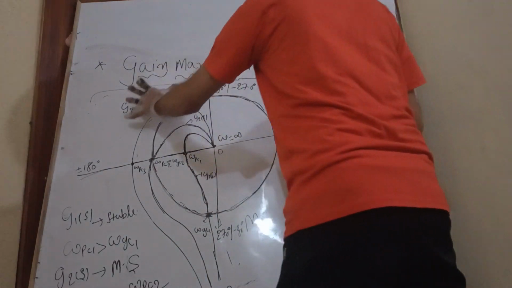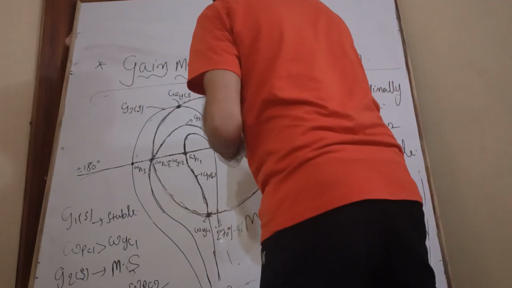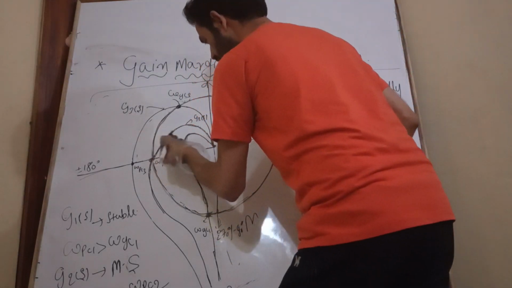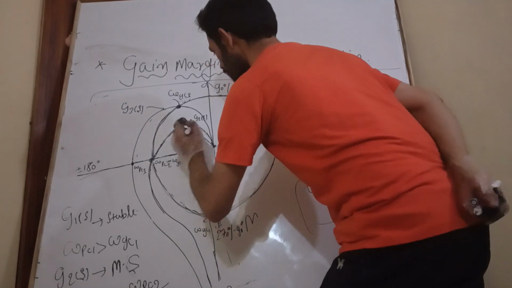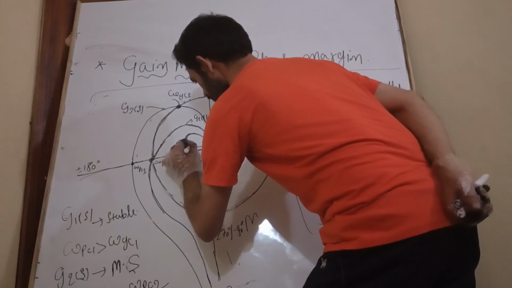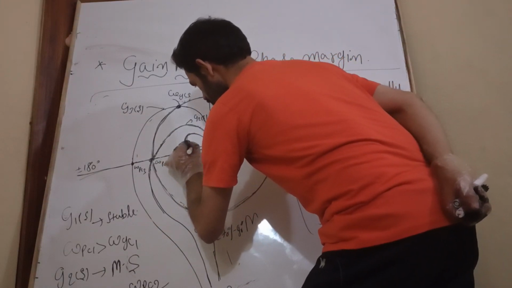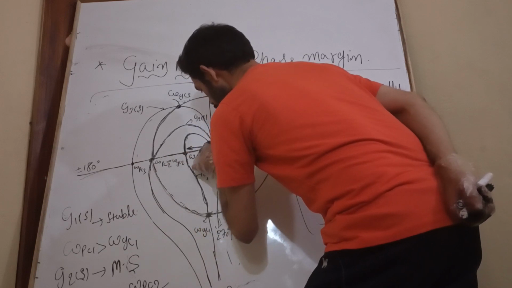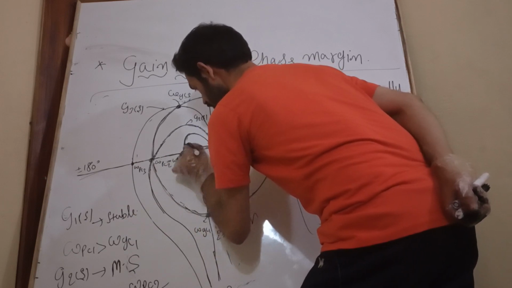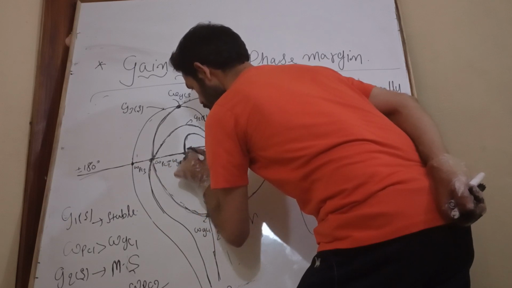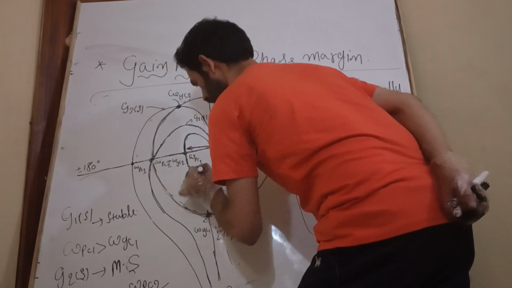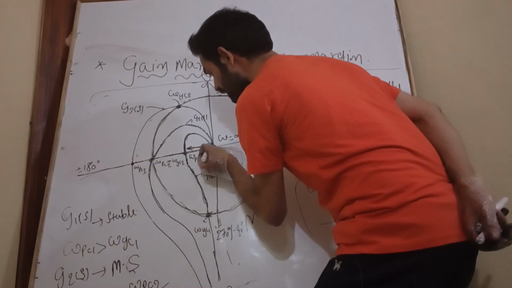So this is all about the stability of the system. Okay, so what is gain margin? Gain margin is nothing but a distance: the distance from the origin to the real axis point where the plot is cutting the real axis.